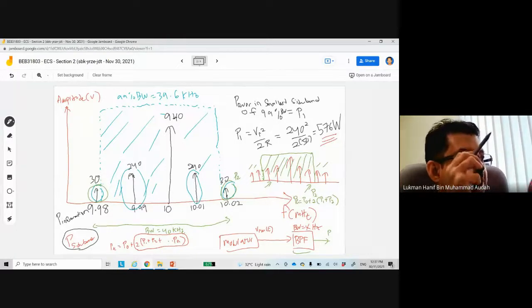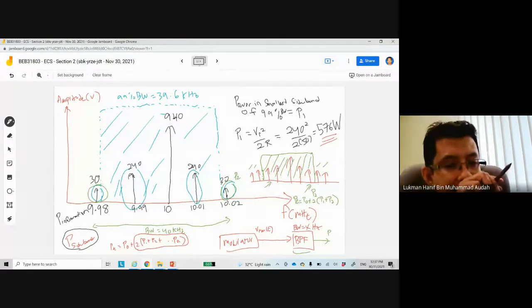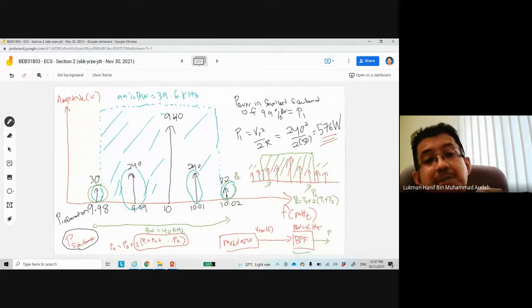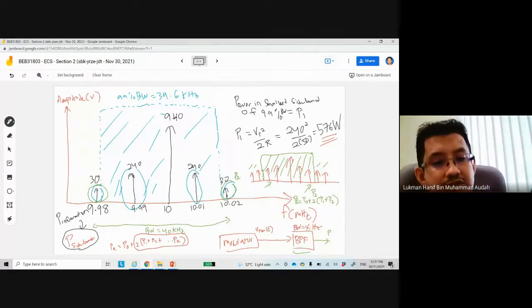Find the total information power. Maksudnya adalah power of the sideband. Why? Because information contains in the sideband only. Carrier does not contain information. So total information power or total sideband power, that one is referring to the sideband's power.